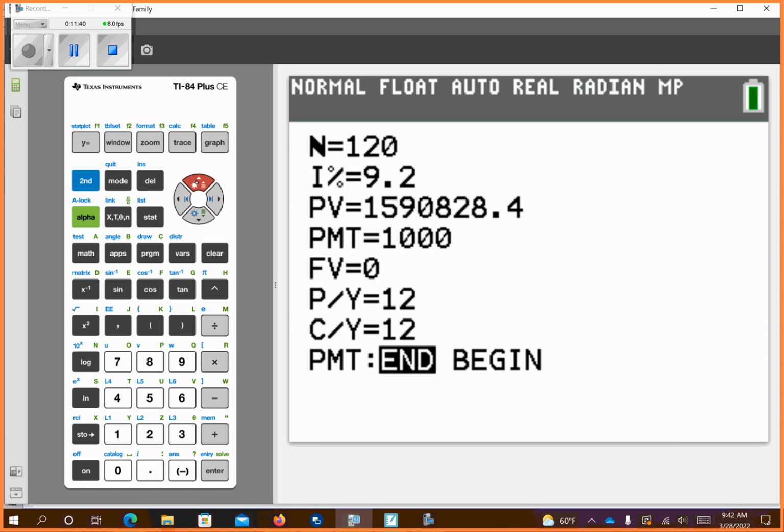Agreed? So now I'm no longer putting money in. What I put in is going to pay me back. Does that make sense? So I'm starting with $1,590,828.40. From age 60 to 90, we're talking 30 years, and there's 12 months in a year. So you're talking about 360 payments that are going to pay us back.